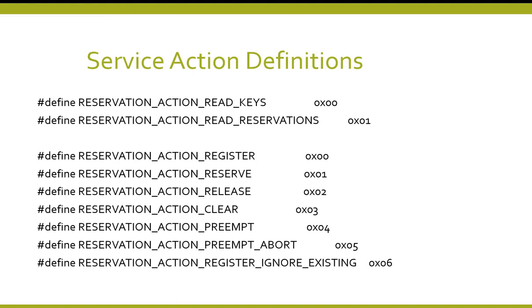There's register, and register and ignore existing. That's what cluster uses to register its keys. And the commands that cluster uses are read keys, read reservations, register ignore existing, preempt, and reserve. Those are the major ones that cluster uses.